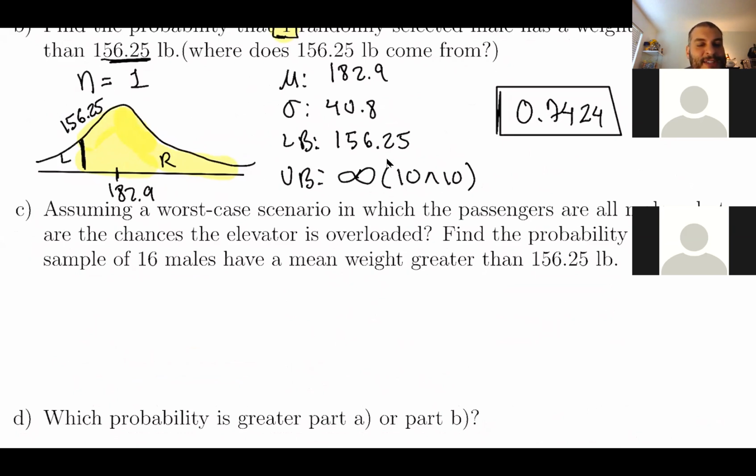Find the probability that a sample of 16 males have a mean weight greater than 156.25 pounds. So for part C, how many males are we randomly selecting? 16.